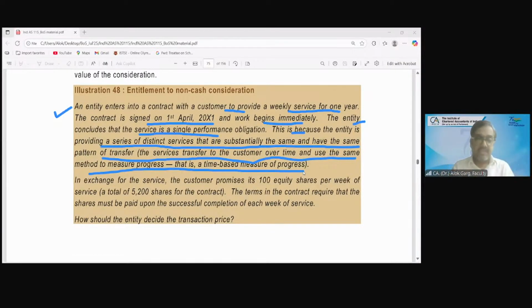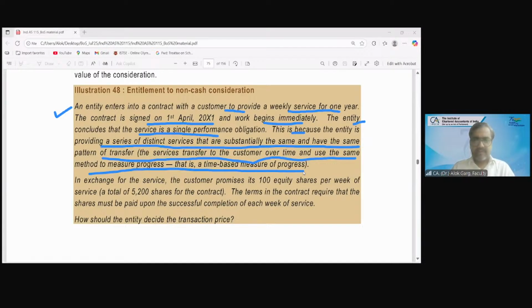So in case of services, while services are distinct services, the revenue has to be recognized over a period of time, having some mechanism like weekly, fortnightly, monthly, quarterly, half yearly, right? This is how the companies are recognizing revenue.